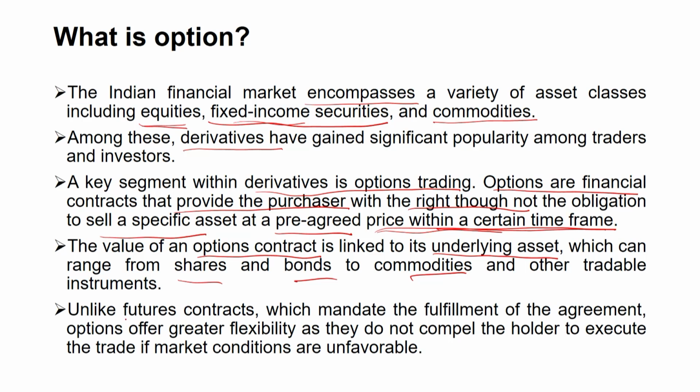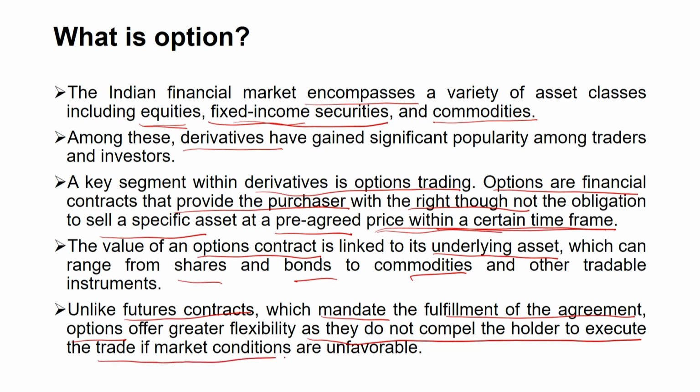Unlike futures contracts, in the case of options the obligation is not on the purchaser of the contract. Futures mandate the fulfillment of the agreement, whereas options offer greater flexibility as they do not compel the holder to execute the contract.